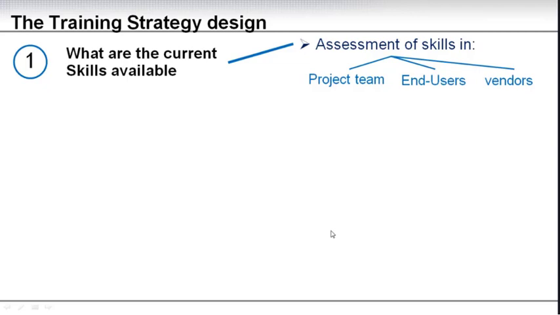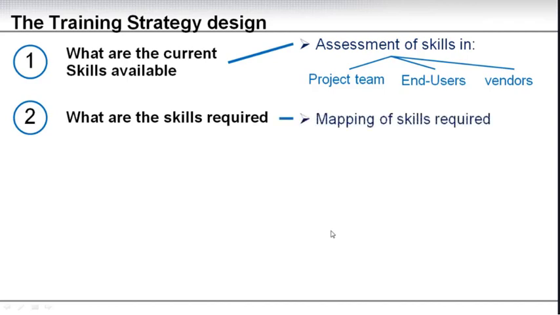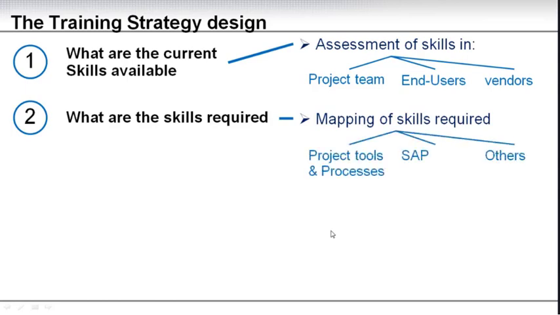Once we know what we have, we need to look at what skills are then required. We need to map the skills required for SAP, but also project tools and processes, as well as other technologies or soft skills, very specific functional skills, whatever we might require.